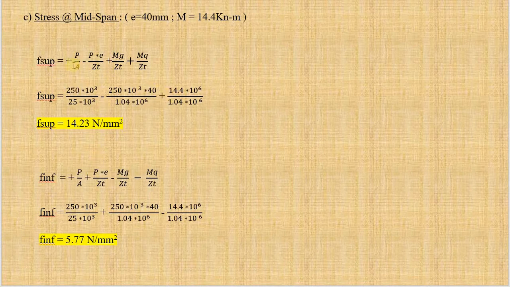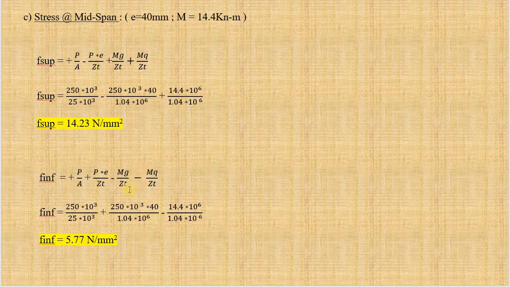So I have substituted the first term, the second term, and the third and fourth put together are a single term, so it is plus M by Z. So just substitute it. You will get F superior as 14.23 Newton per mm square. Stress at the top is this much and stress at the bottom is 5.77 Newton per mm square.